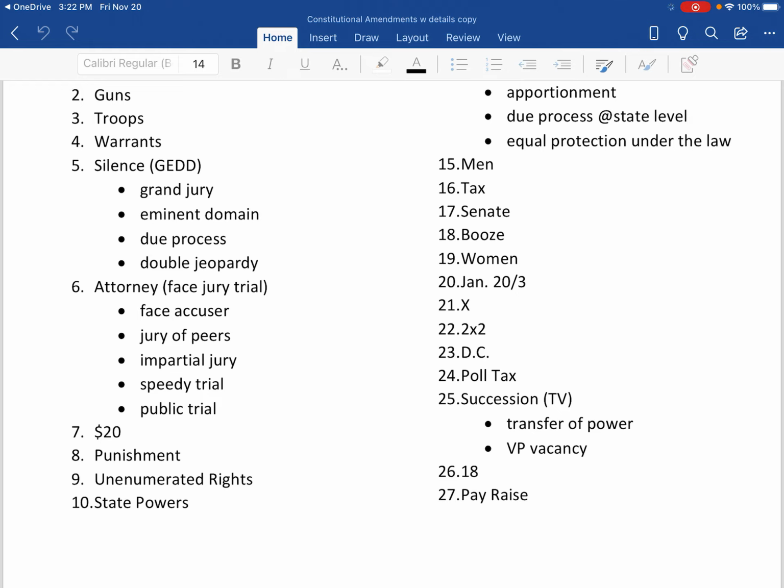So much like unenumerated rights, states have more rights than maybe are granted to the federal government. For instance, education, speed limits, licensing, all those different things that the state power gives, not the federal power.